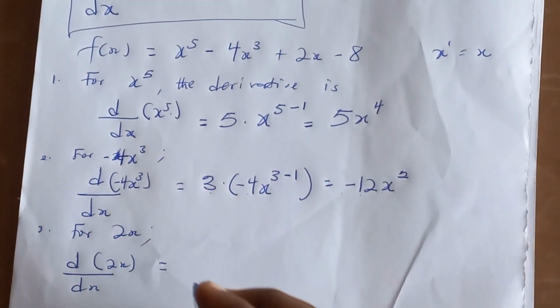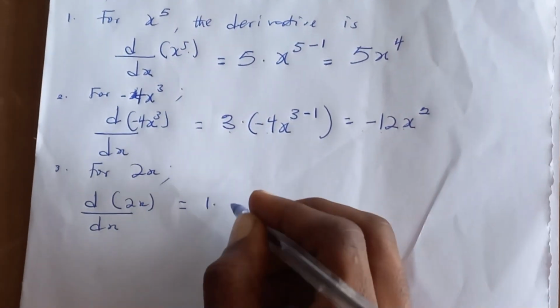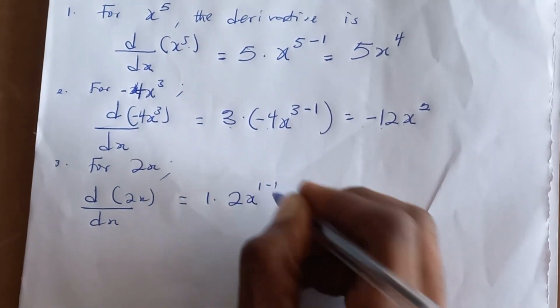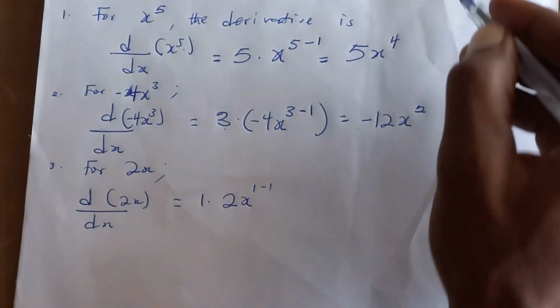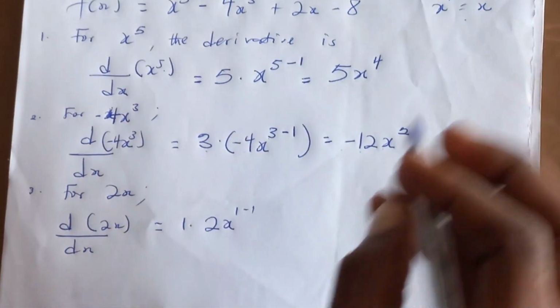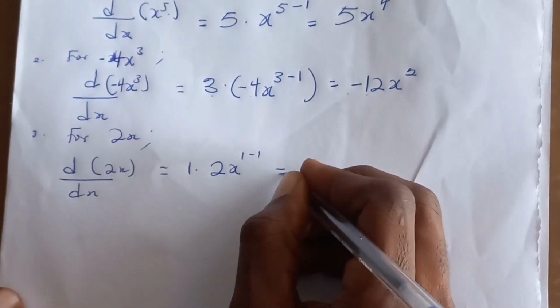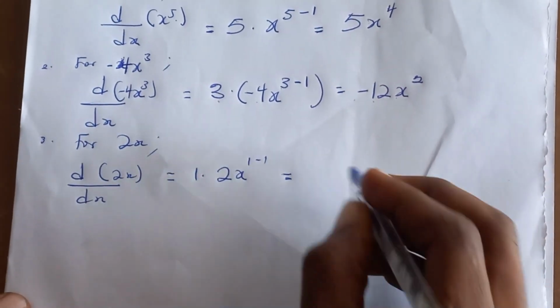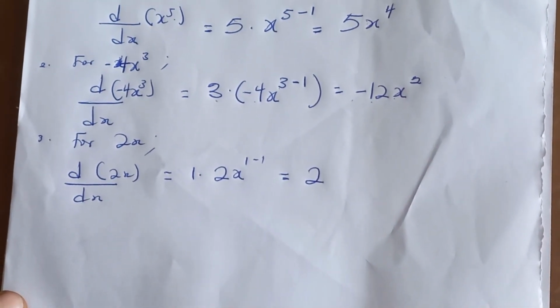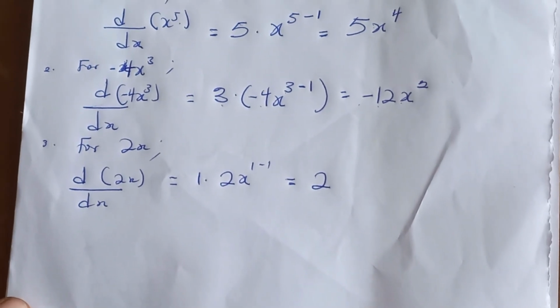So we are going to get 1 multiplied by 2x power 1 minus 1. 1 times 2 is 2.